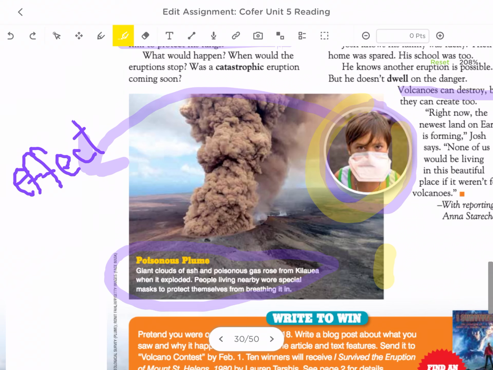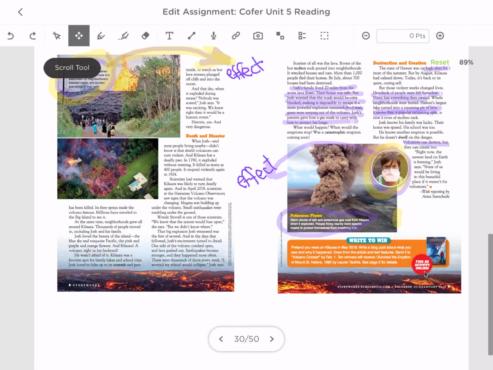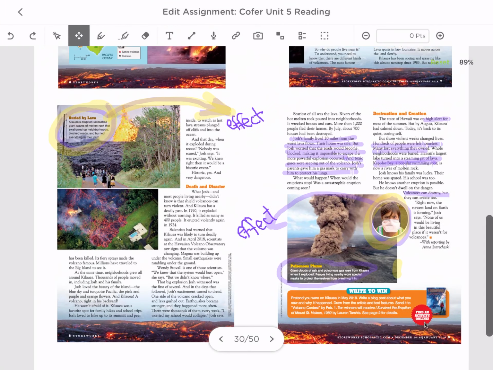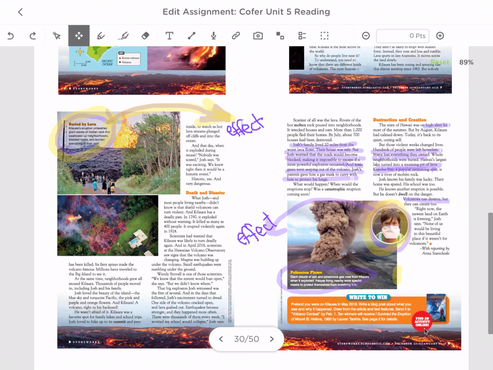You can see this boy wearing a mask to protect himself. It says poisonous plume. A giant cloud of ash and poisonous gas rose from Kilauea and then exploded. People living nearby wore special masks to protect themselves from breathing it in. So as you can see, there are some really devastating effects to this volcano.